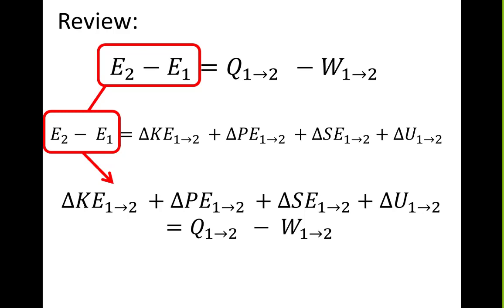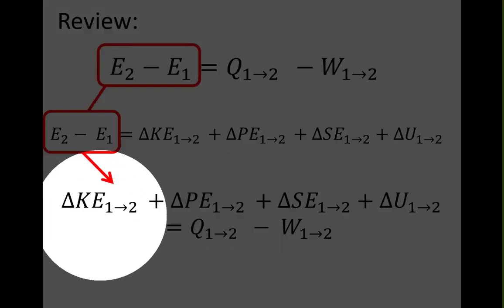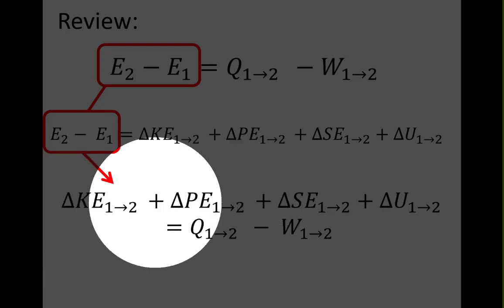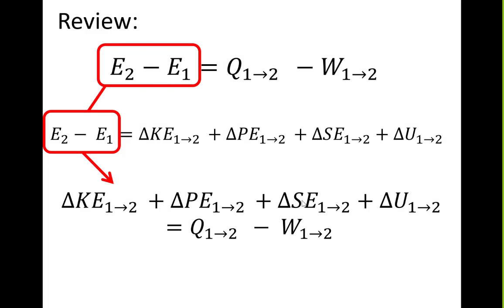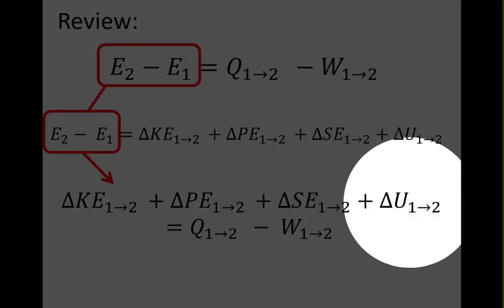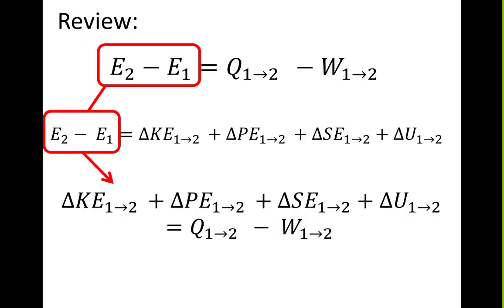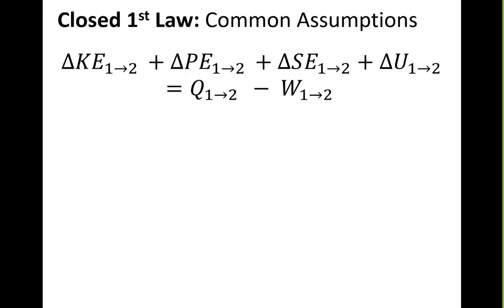So what will happen when we use these equations is we'll often end up canceling out delta KE, delta PE, and delta SE. But it's not really that we're saying that they're zero. It's that we're saying that they're so much smaller than delta U that they don't really matter, that you don't have to go through the effort necessarily of finding out what those things are.